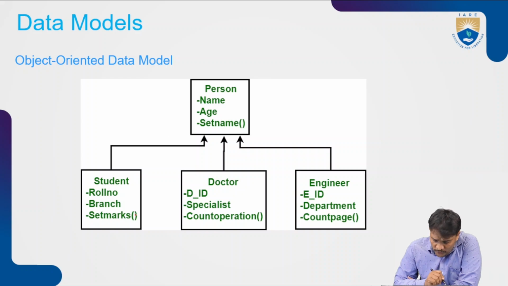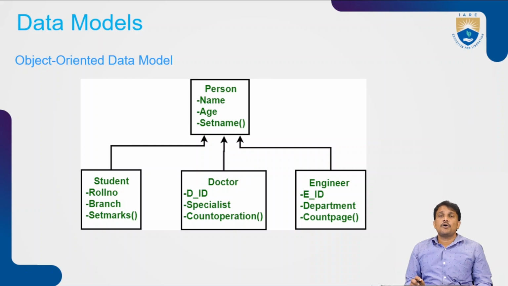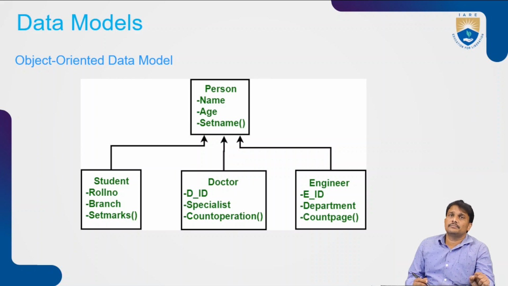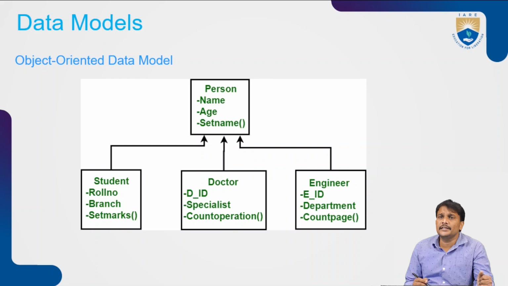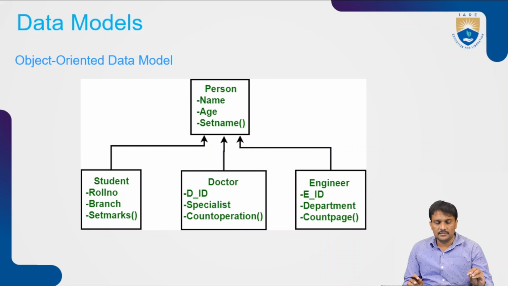The student also has roll number, branch and marks. The doctor has a doctor ID, specialist and count of operations, how many operations they are doing. And the engineer is also a person, who has an engineer ID, department, and count. So this is an example for the object-oriented data model.